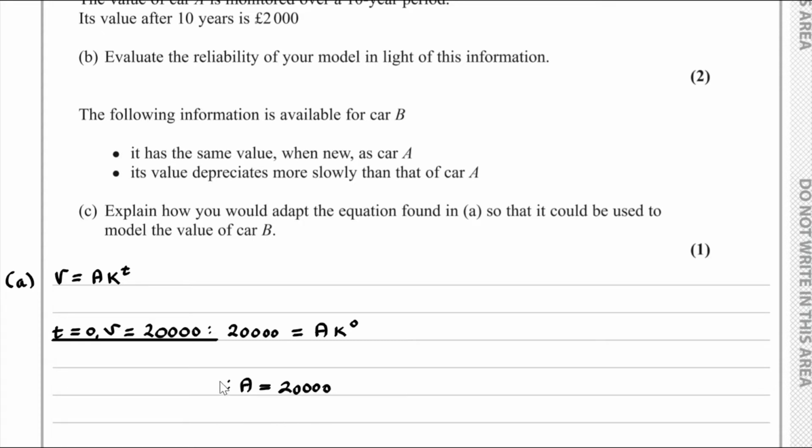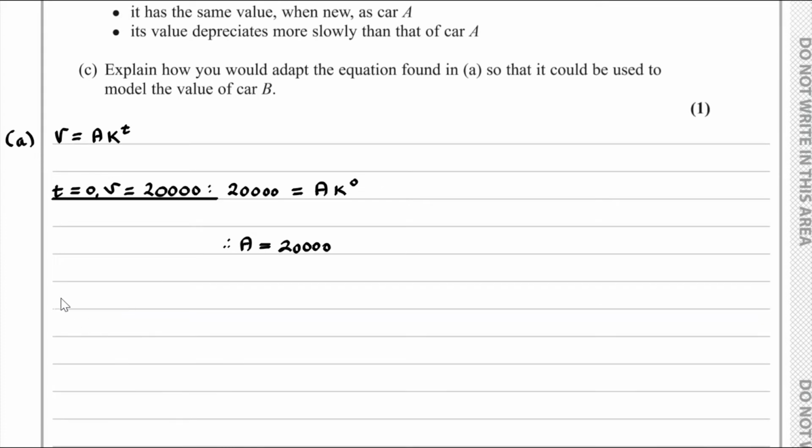Now, when t is equal to 1, so after 1 year, v is equal to 16,000. So with this information, let's see what we get. We have 16,000 equals a, which is 20,000, multiplied by k to the power of 1.